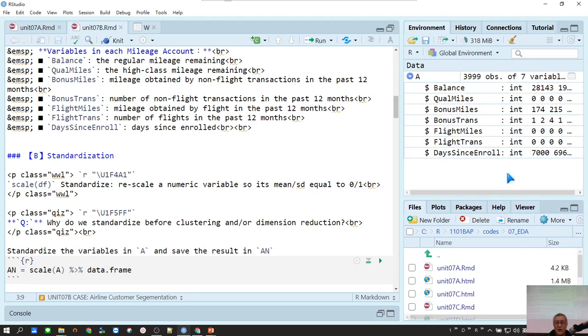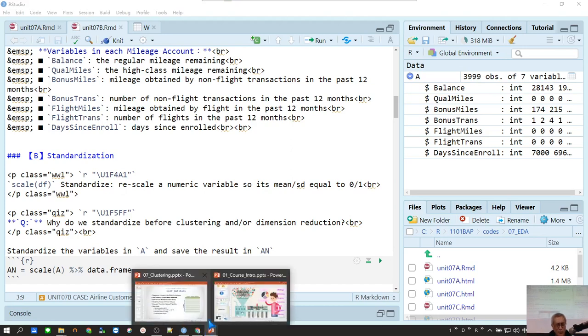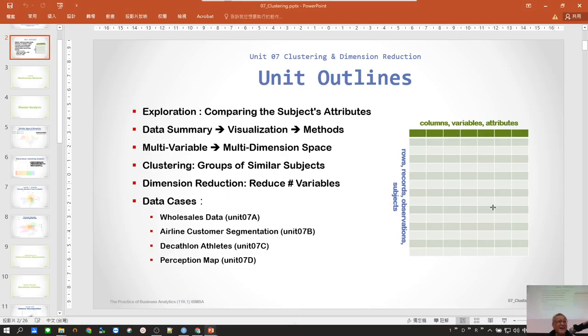So very naturally, every record represents what? This is the loyalty program data, right? Looking into the data, this is the balance, mileage, something. So every record is what? It should be very easy to guess, isn't it?